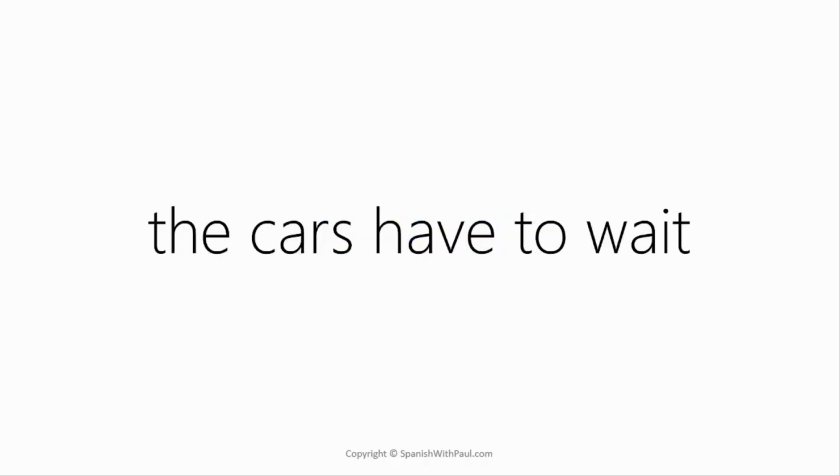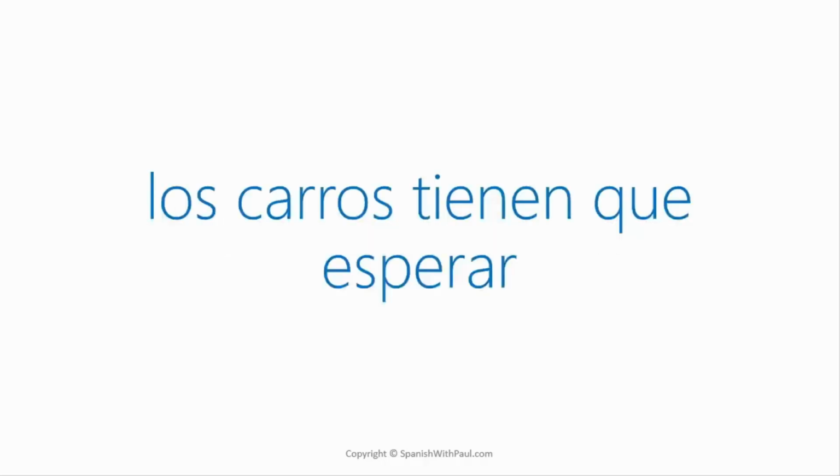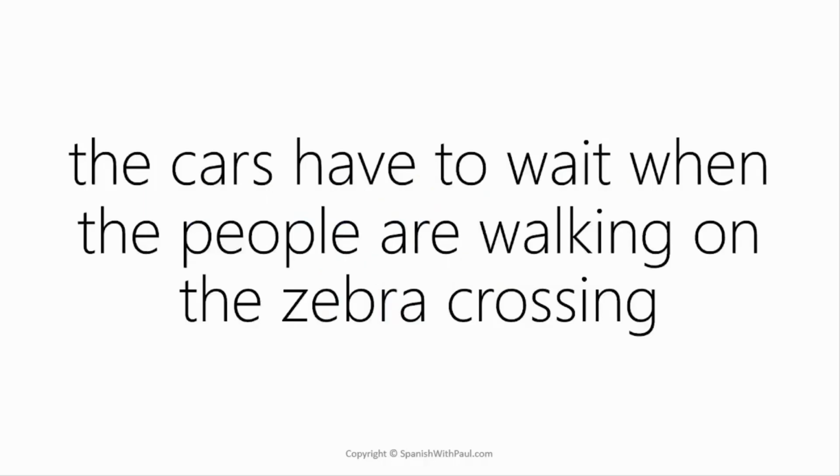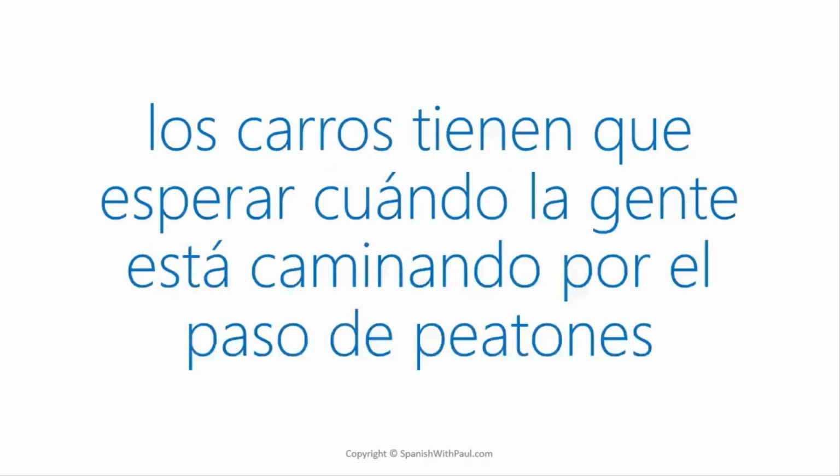The cars have to wait. Los carros tienen que esperar. The cars have to wait when the people are walking on the zebra crossing. Los carros tienen que esperar cuando la gente está caminando por el paso de peatones.